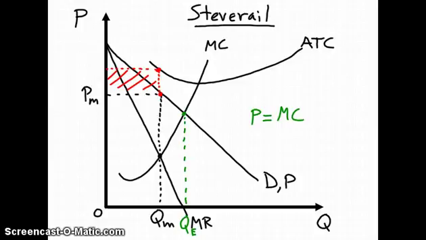In Part C, we're supposed to assume a per unit subsidy. And we want to know if Steve Rail's profit maximizing quantity would increase, decrease, or not change, and explain.